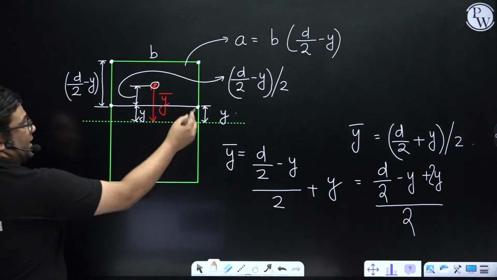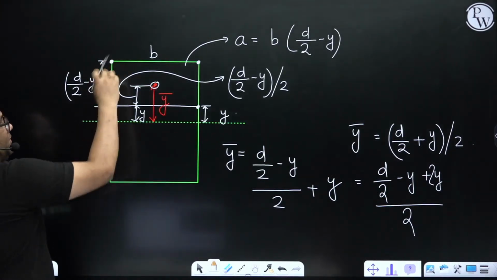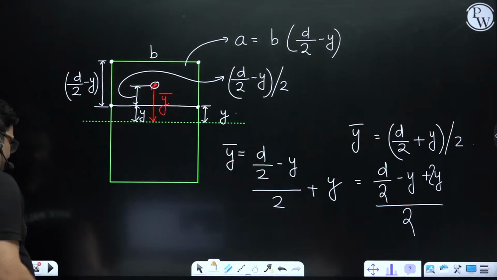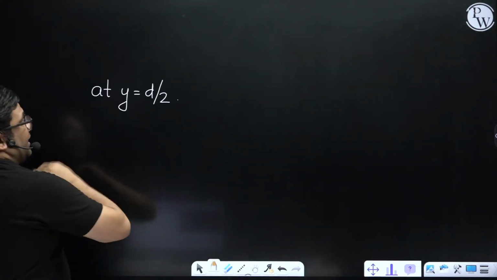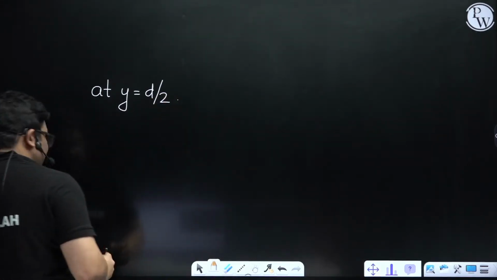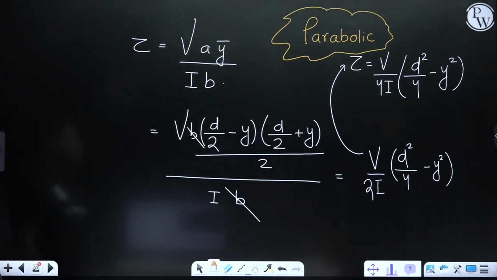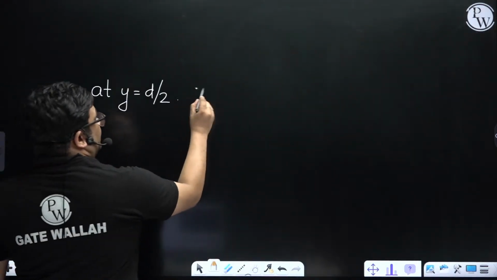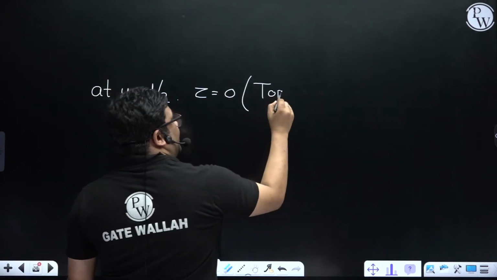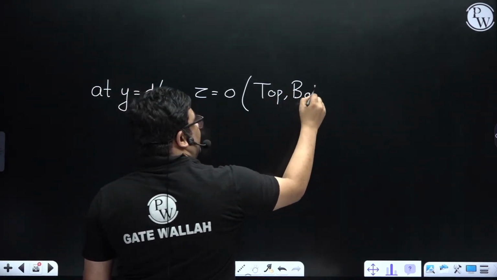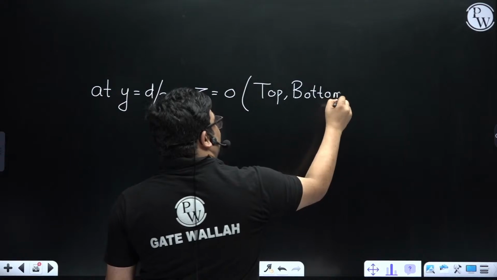This is y, the neutral axis. So here y will be d by 2, and at top and bottom y is equal to d by 2. If you put y equal to d by 2, that becomes d square by 4 minus d square by 4, and shear stress will become 0. So shear stress is 0 at top and bottom in case of a rectangular cross section.